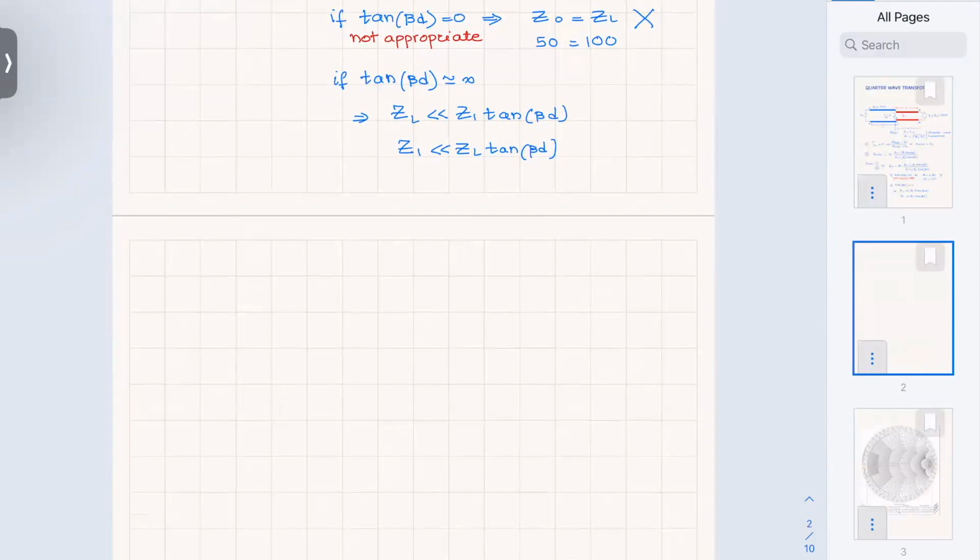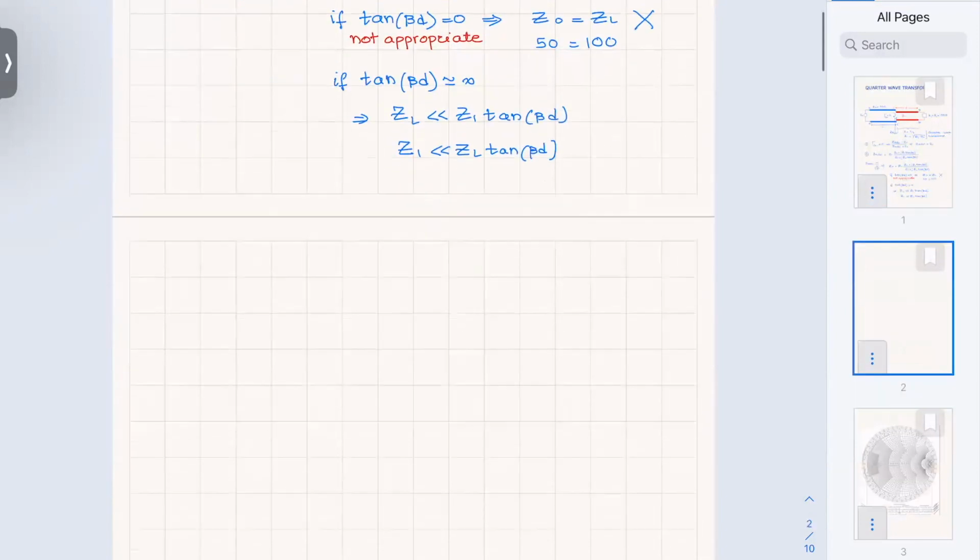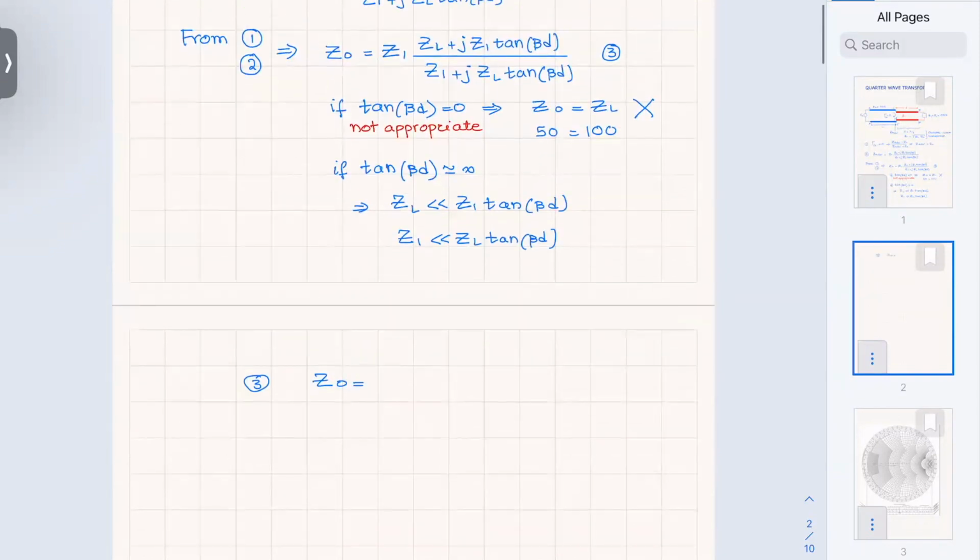All right, so now I can take 3 and I can write 3 under these conditions. Therefore, Z naught is going to be equal to Z1. And then I will ignore ZL in the numerator, so I will put j Z1 tangent beta d.